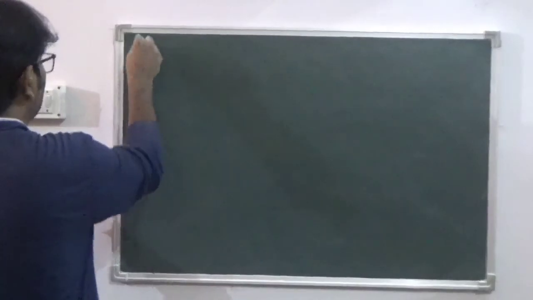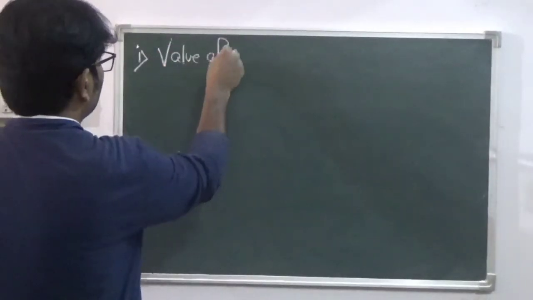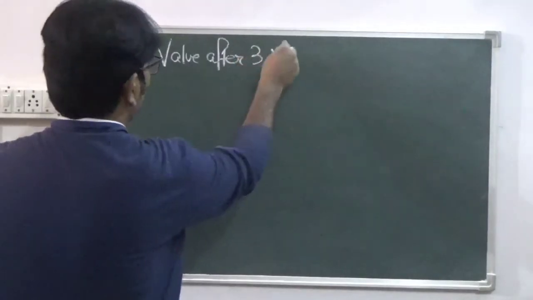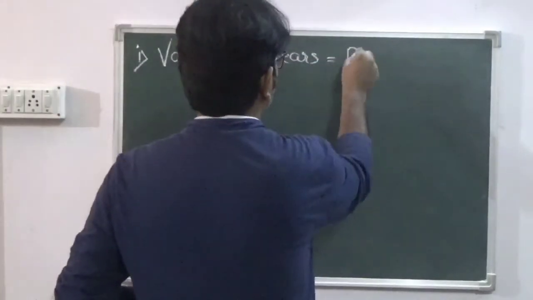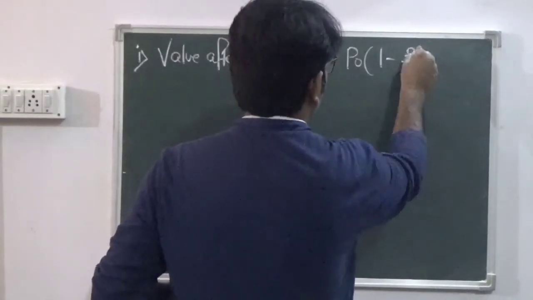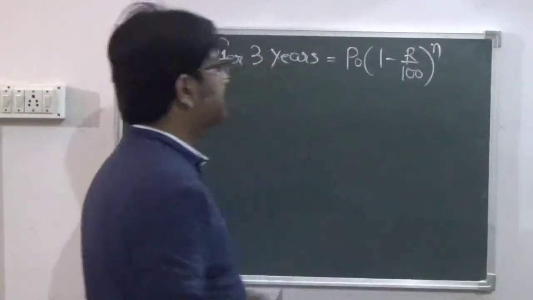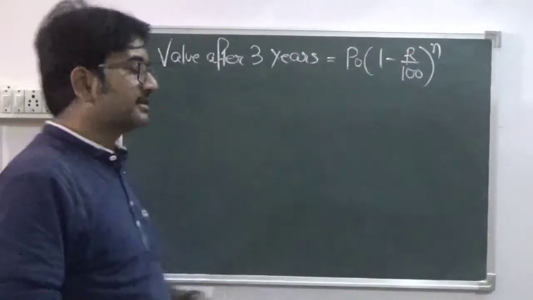So we have the first one, value after 3 years. Value after 3 years equals P0 into (1 minus R by 100) to the power n. Only difference is the plus and minus. If it is decreasing, it is minus. If it is increasing, it is plus.